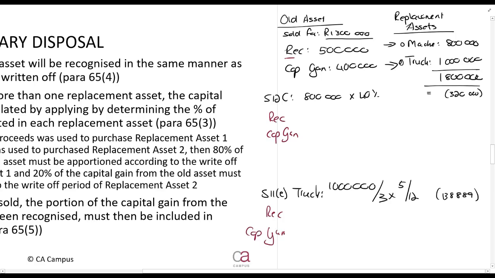So, what I want you to see is this recoupment is 500,000 in both instances, and the capital gain is 400,000. So how am I going to apportion it now?